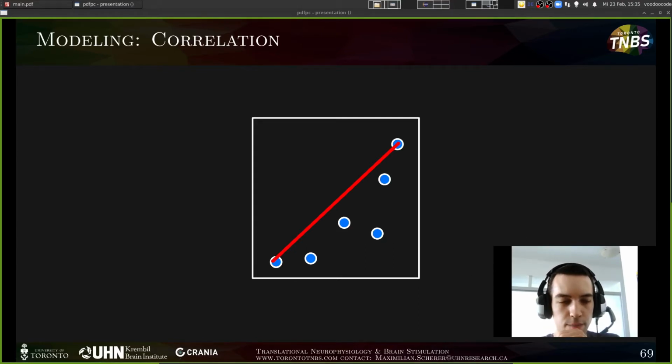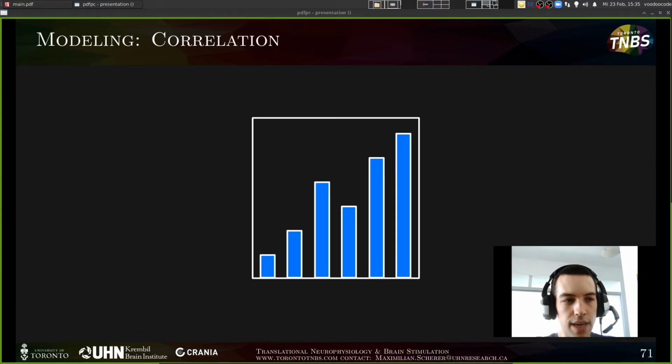If the relationship you're investigating between your two dimensions was not linear, you could also go for a Spearman correlation coefficient, which wouldn't look at the actual values anymore, but would rather rank them, and then say whether the lowest ranked value on the x-axis corresponds with the lowest ranked value on the y-axis, and so on. Via that approach, you get rid of the requirement of having a linear relationship between your data.